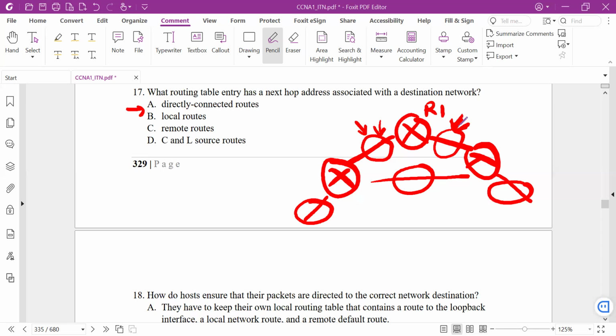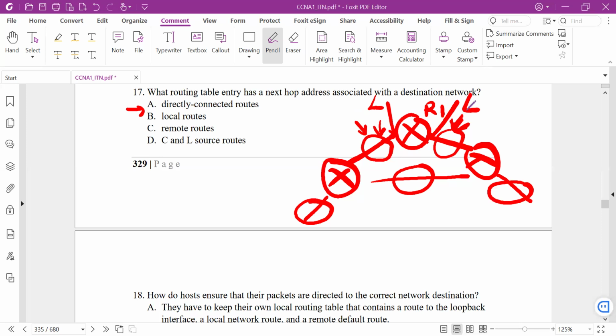Then when we talk of local routes, you see the local route will be the IP address of this interface here, these two interfaces. In the routing table, you see the L, and it is the IP address of the default gateway, if I can say so.